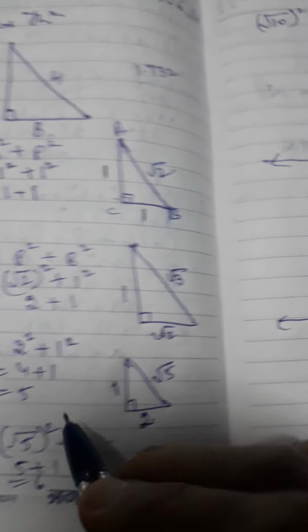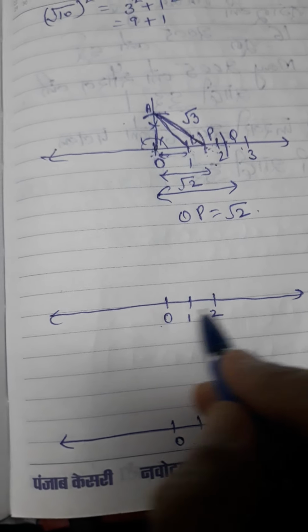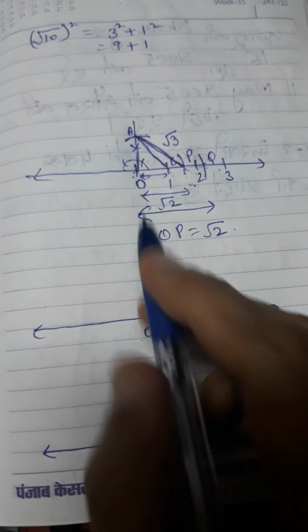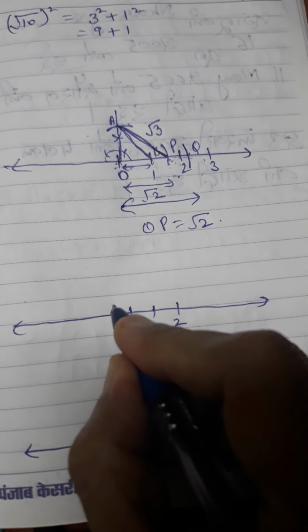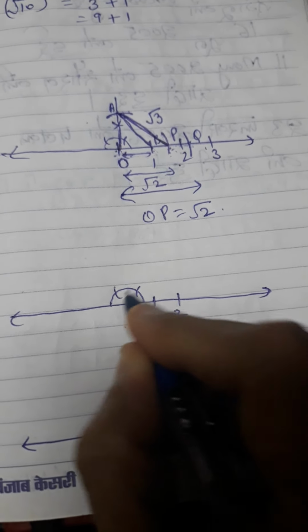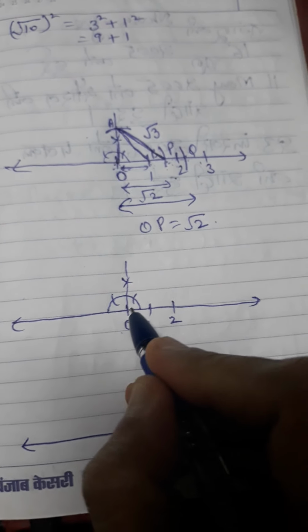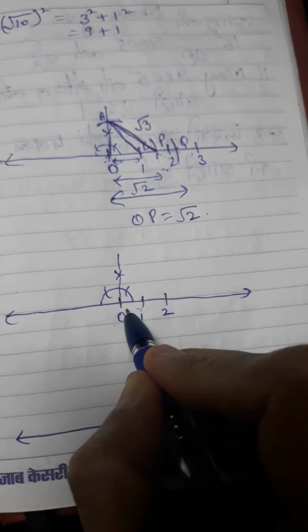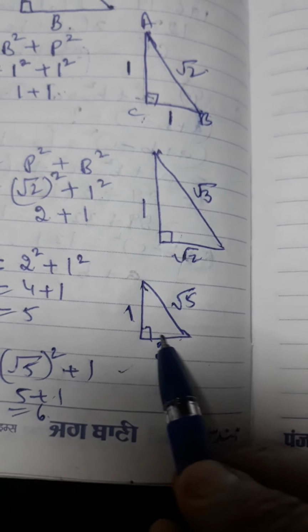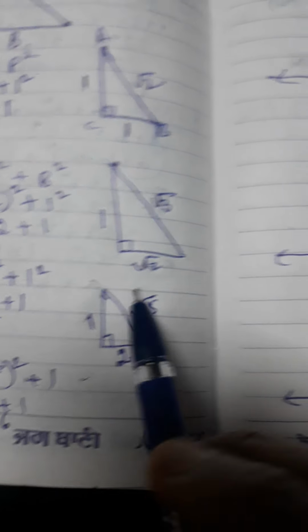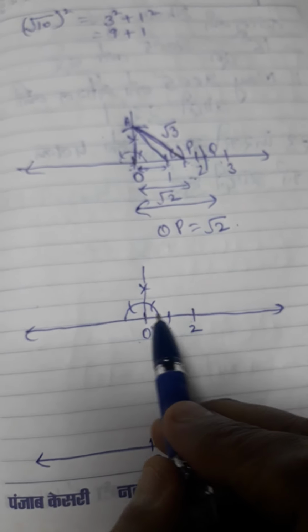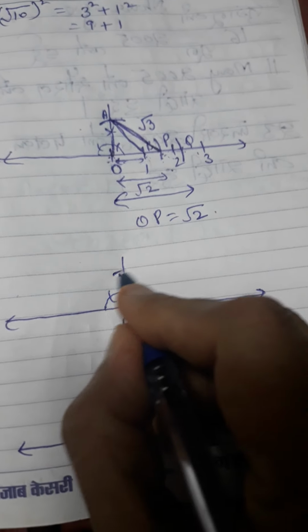So what we do here on the number line, you can take 2 units here, and as we did earlier at O, you are going to draw 90 degrees, and from O cut an arc of this one length of 1, because here this side we need 2, here we need 1. So here 2 units, and from O cut an arc of 1 unit.